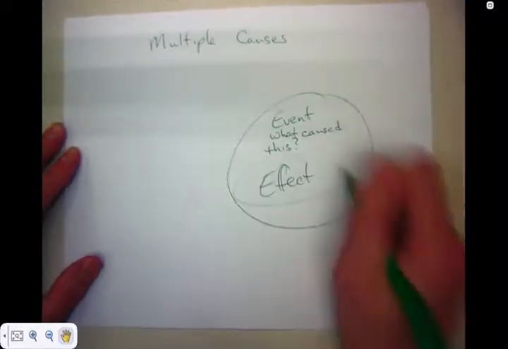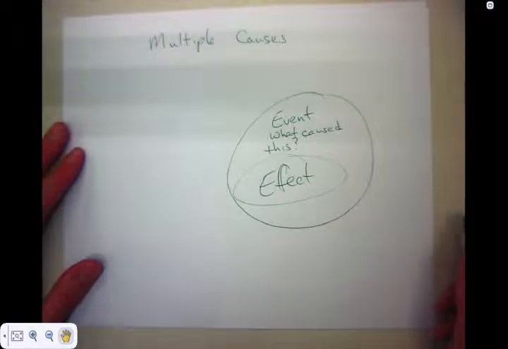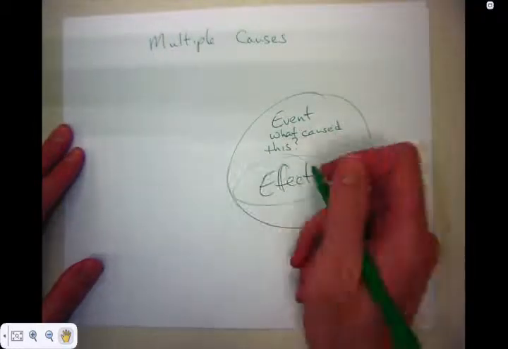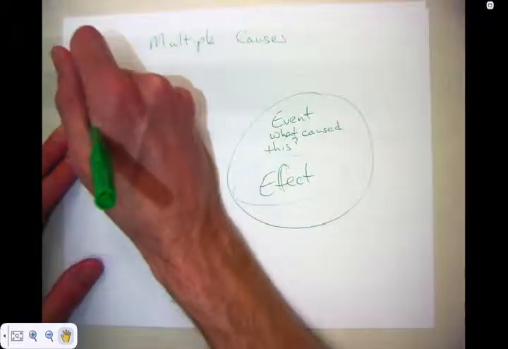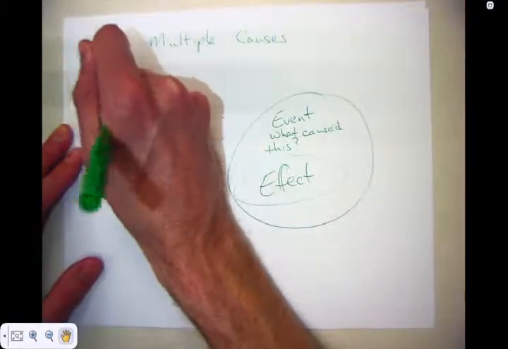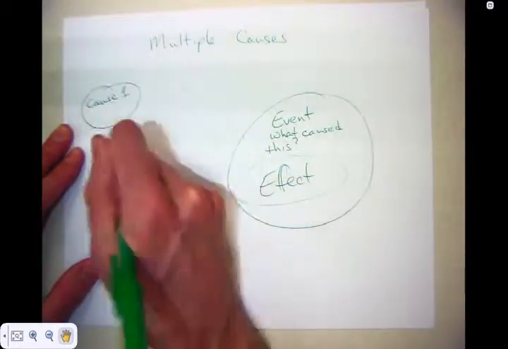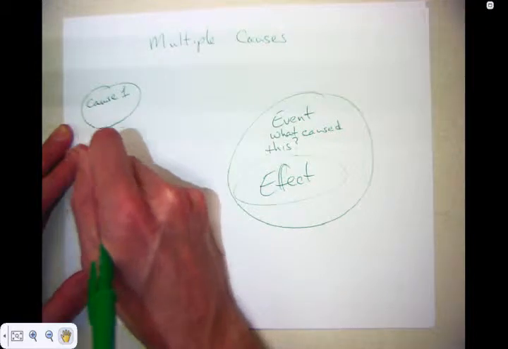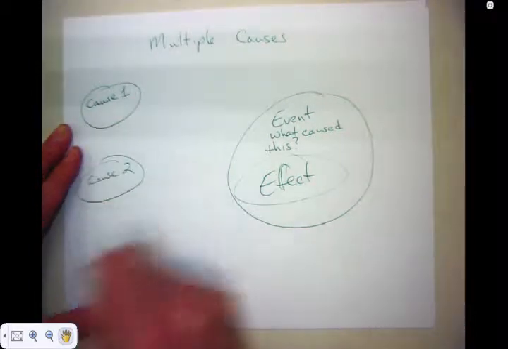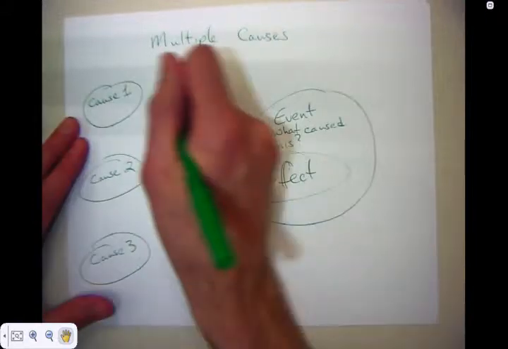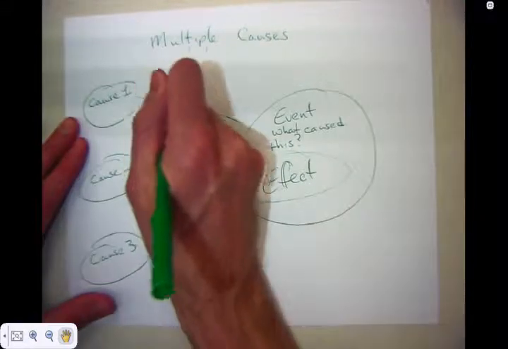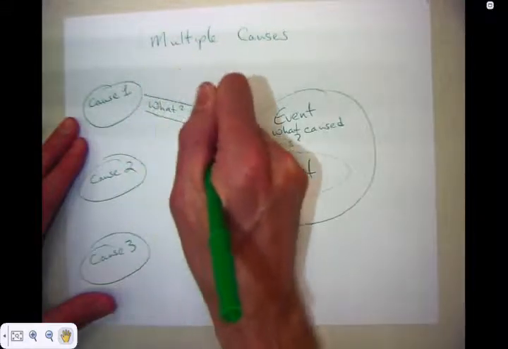And sometimes there are multiple causes, right? So I go back through the thing I've read and I notice cause number 1, cause number 2, cause number 3. And again, it becomes this, what or how.